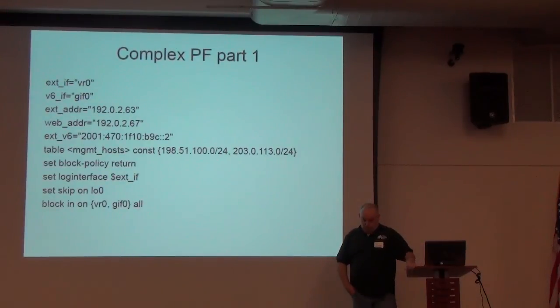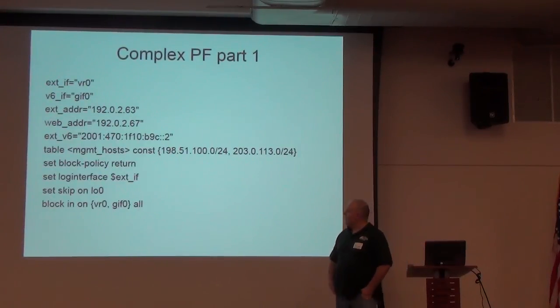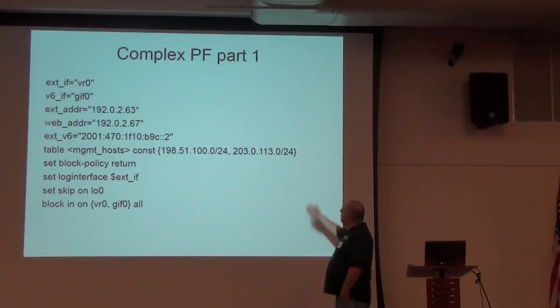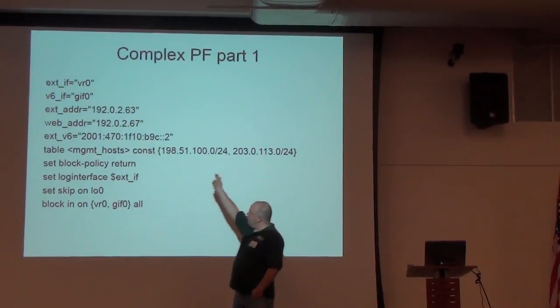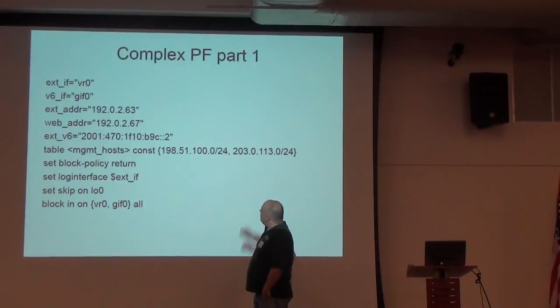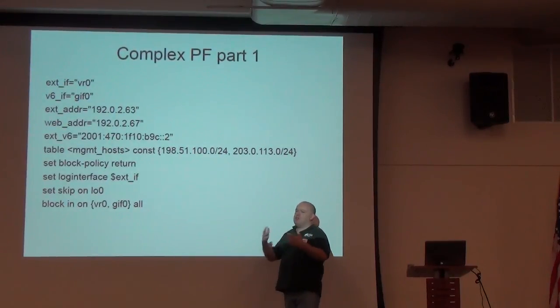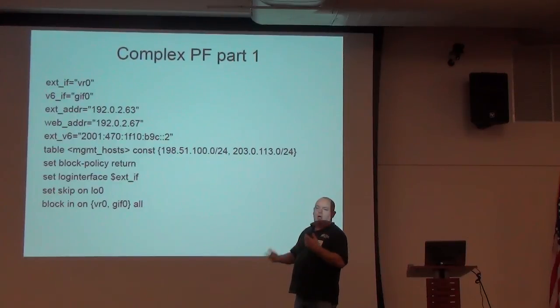You can also do much more complex things. Define a table of the hosts that you want to treat specially. Set up macros for various things in your rule set.